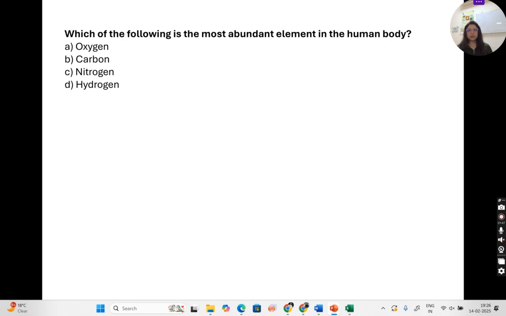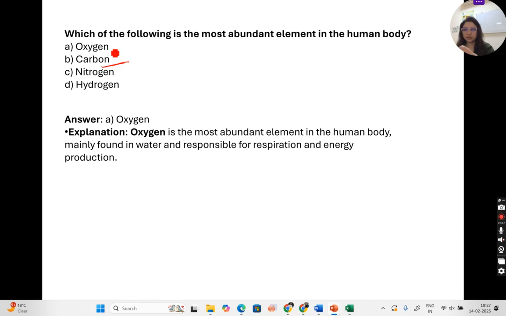Okay, which of the following is the most abundant element in the human body? From these elements, which do we have the most of? We may think the answer is carbon, but no, here the answer is oxygen.